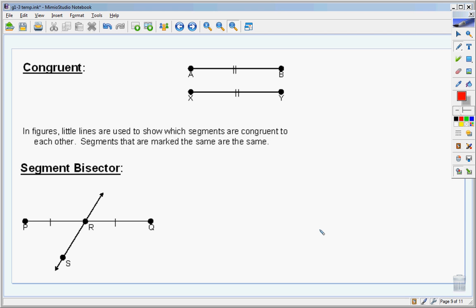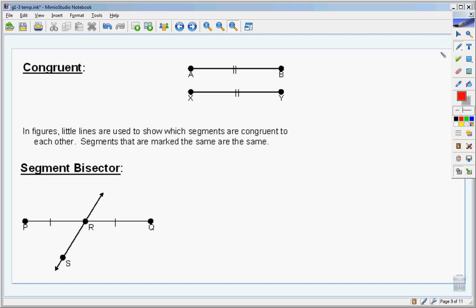This is more notation than anything else. If they're telling you two things are congruent, they'll put little hash marks on. If you look at AB and XY, they both have two little marks on them. In other words, they're telling you the length of AB and the length of XY are exactly the same. If two things are congruent, they have the same measurement.